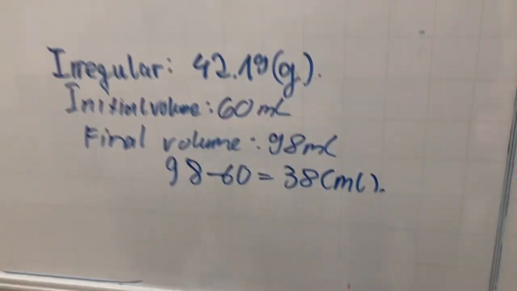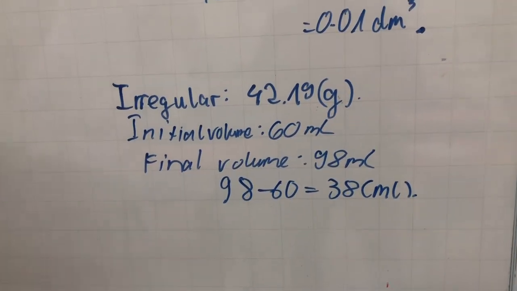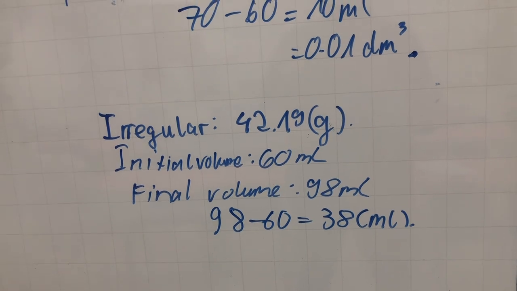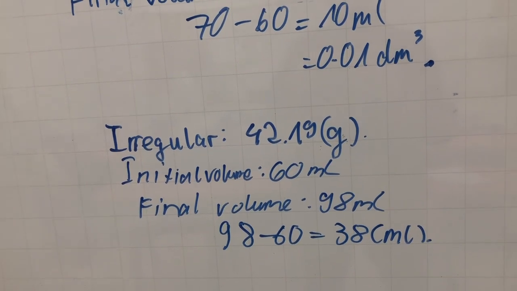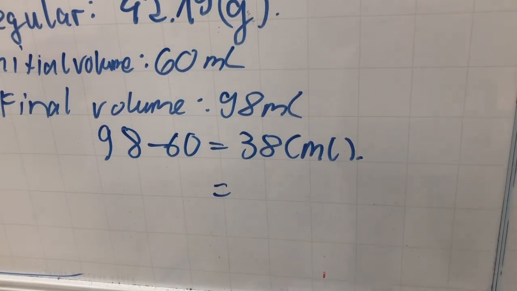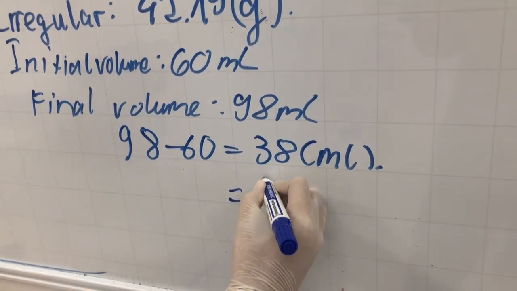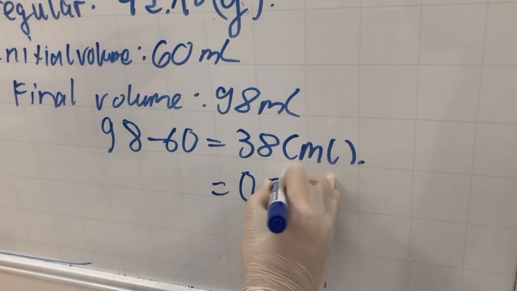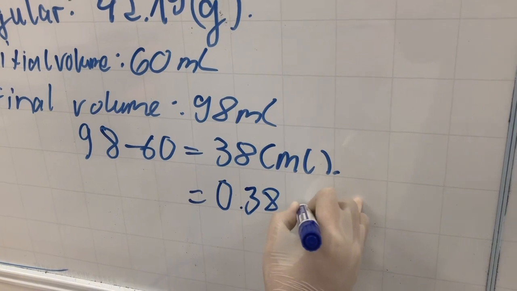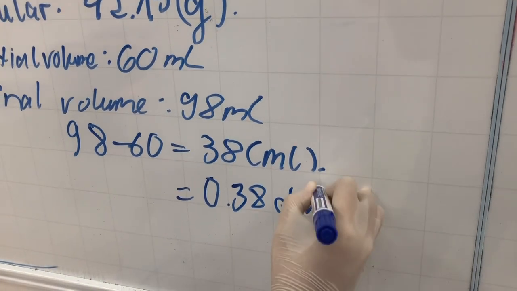So now we're gonna convert it into decimeter cube. So here is the final answer for the volume, 0.038 decimeter cube.